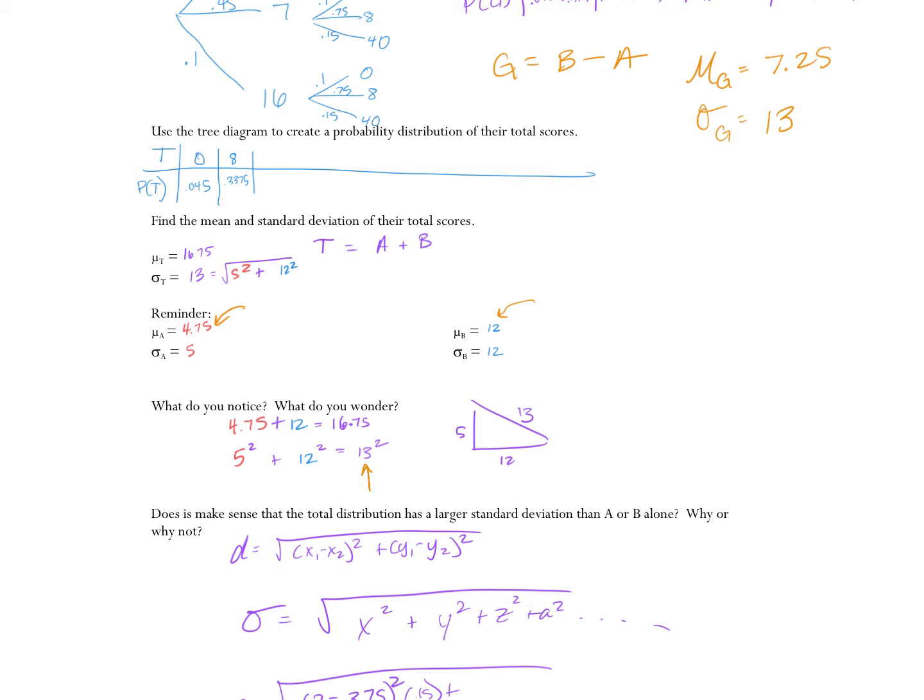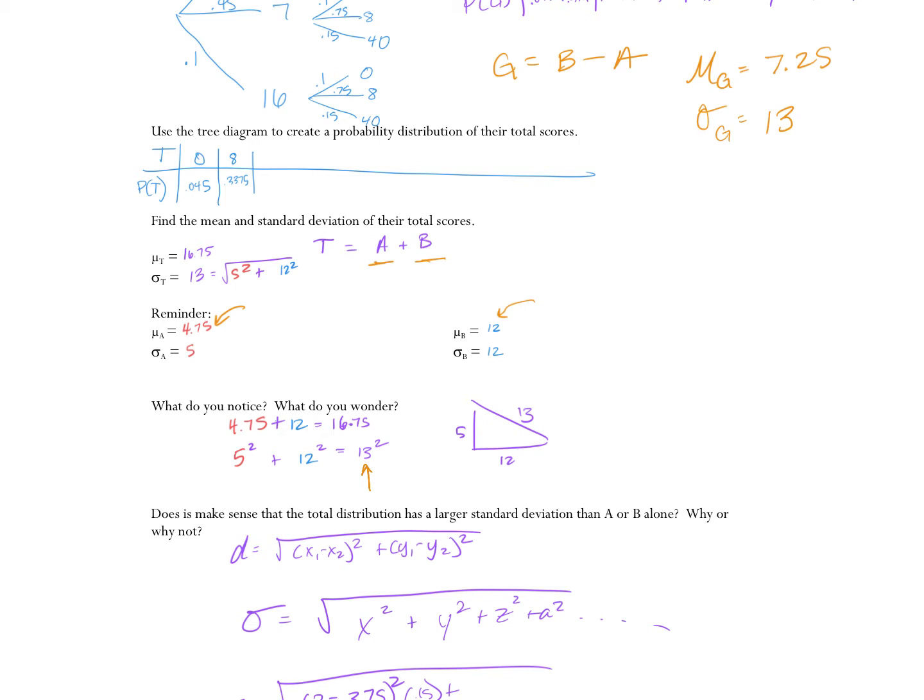So if I'm doing A plus B, I already have the uncertainty of A. And when I spin spinner B, am I going to end up with more uncertainty or less uncertainty? More. Because I have all the uncertainty of A, and now I'm bringing in the uncertainty of what's going to happen on spinner B. Are we comfortable with that?